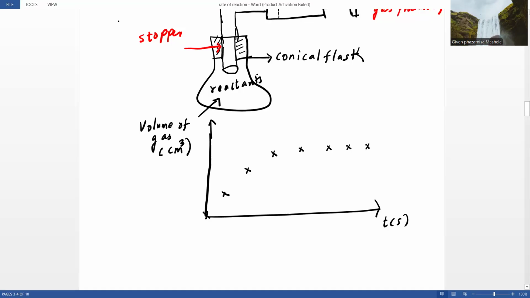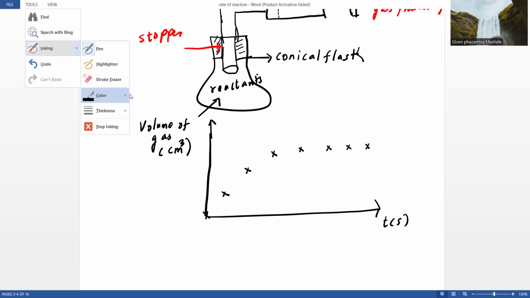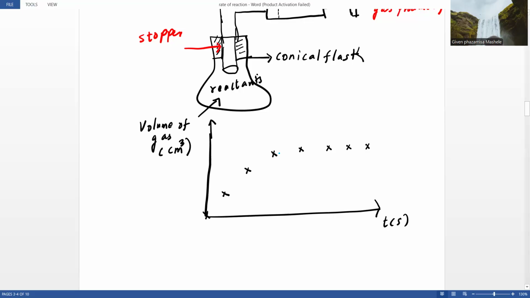So graphically, if we draw a line here, let's join the points. You realize that the graph will look like this. Just a minute, let me correct something here.